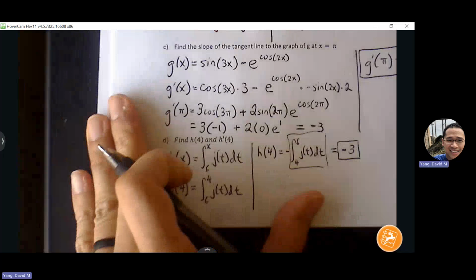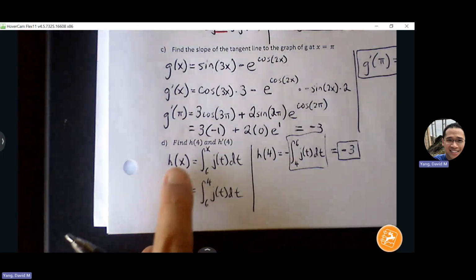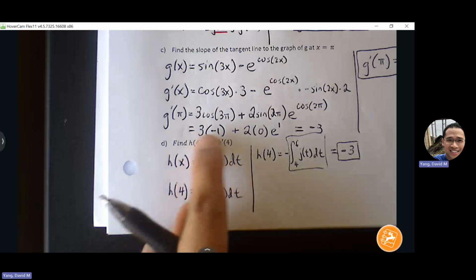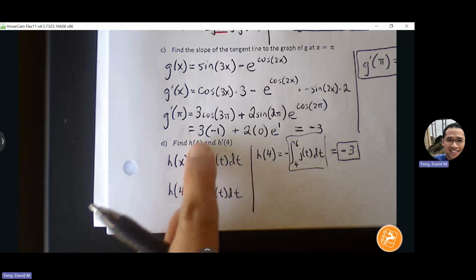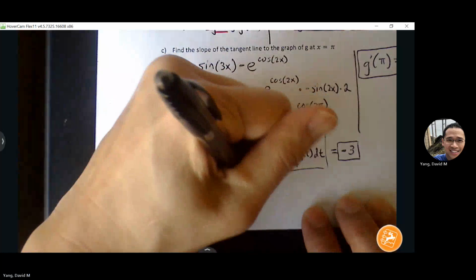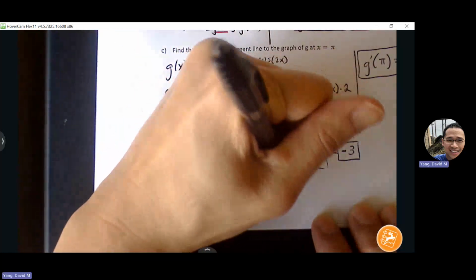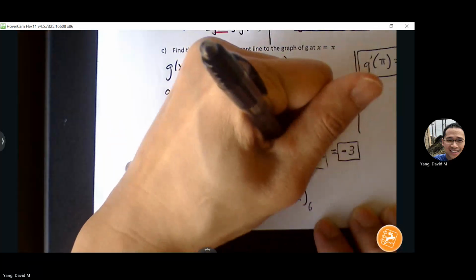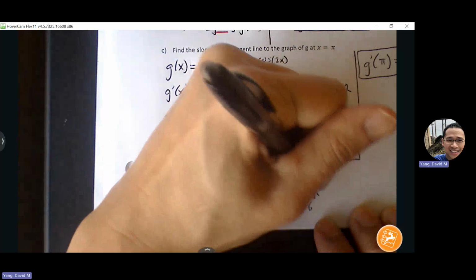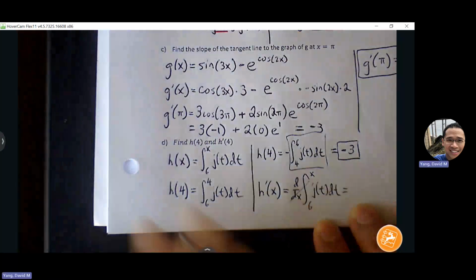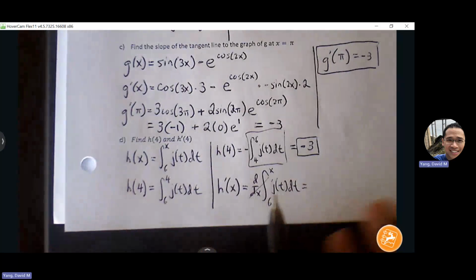If I want to find h prime of 4, that means I have to find h prime of x. To find h prime of x, I need to find the derivative of this expression, which the theorems remind you of. Second theorem, right? So we want to find the derivative of this mess. We know that those operations will cancel each other out.